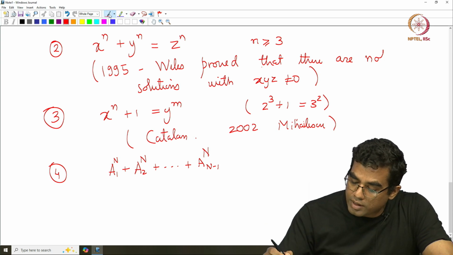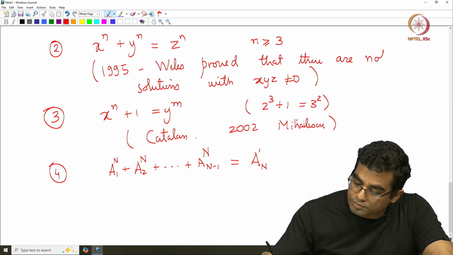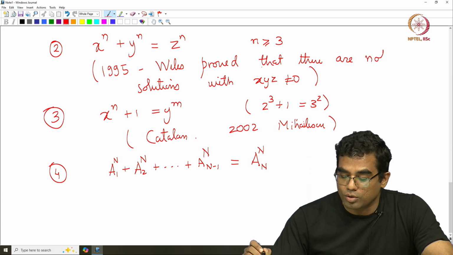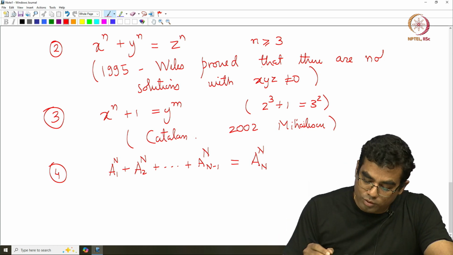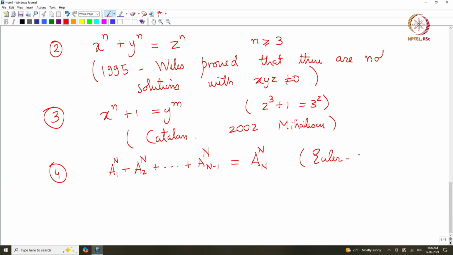So, he considered n minus 1 nth powers and asked if this is equal to an nth power or not, and he conjectured that again this has no non-trivial solutions, but this was proven to be false. Okay, and this was proven false by Elkies.